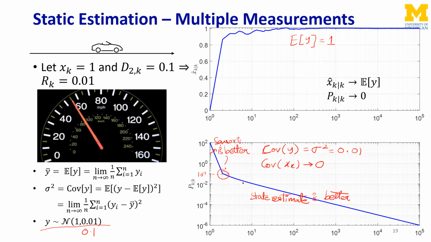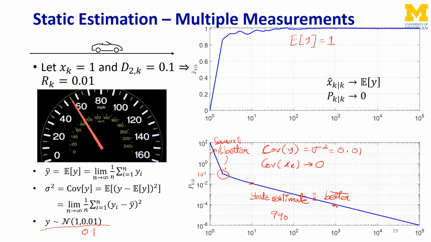So you can see that the error drops from 10 to the minus 2 to 10 to the minus 4 in about 10 to the 1 to 10 to the 3 steps, which is 1000 minus 10. So this is 990 steps.